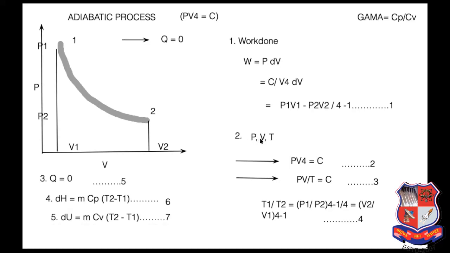Then the relation between P, V and T is derived from these two equations. And heat transfer is zero, as I told you, because of the adiabatic cover there is no heat transfer. Then the change in enthalpy is m Cp (T2 minus T1), and the change in internal energy is m Cv (T2 minus T1). So these first two things are the most important in the adiabatic process whenever you derive things.